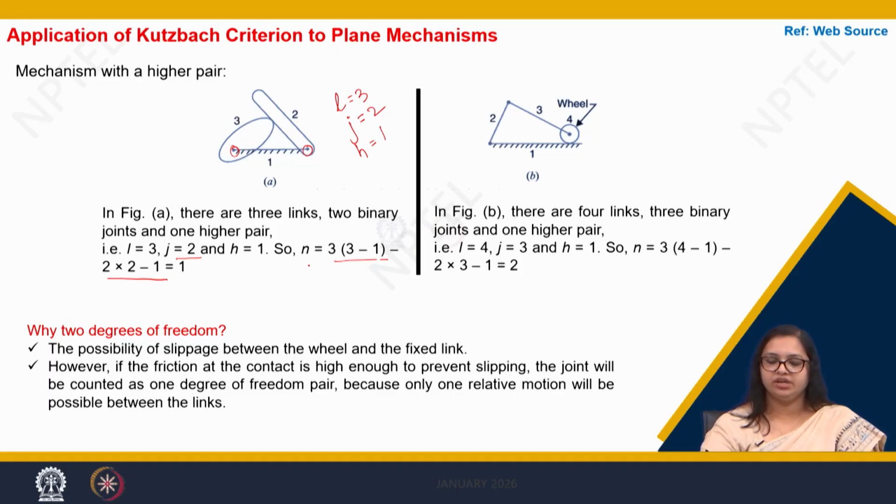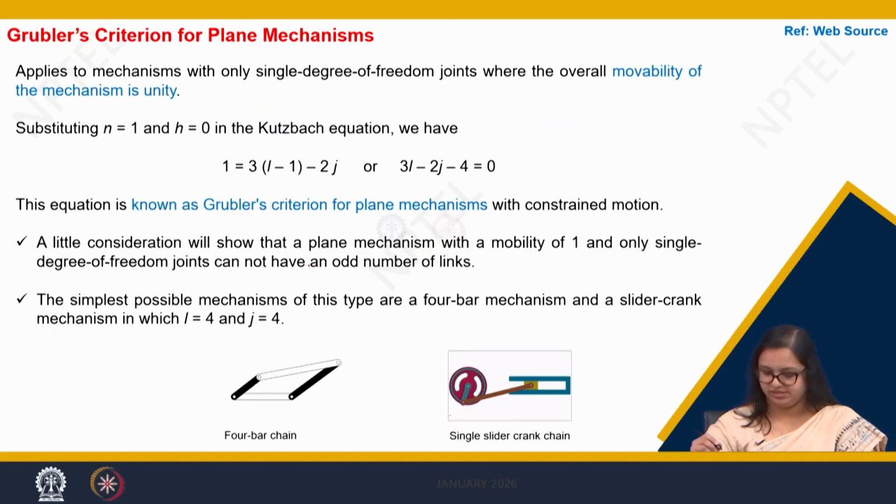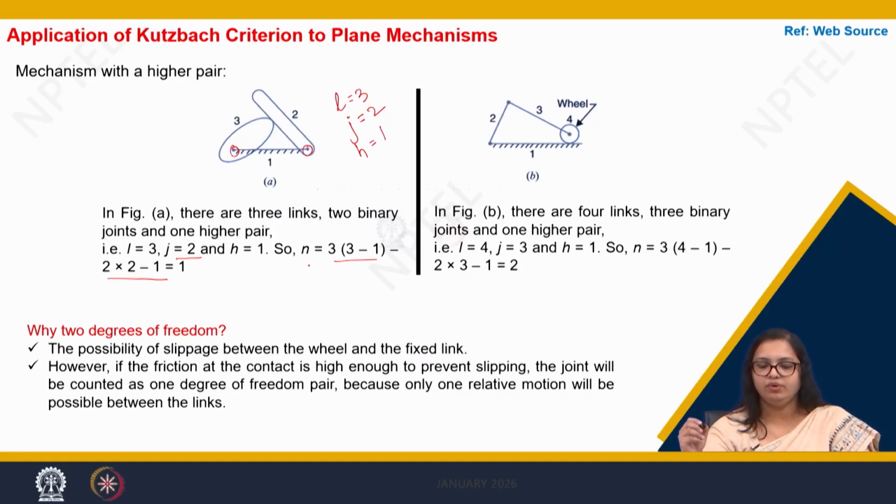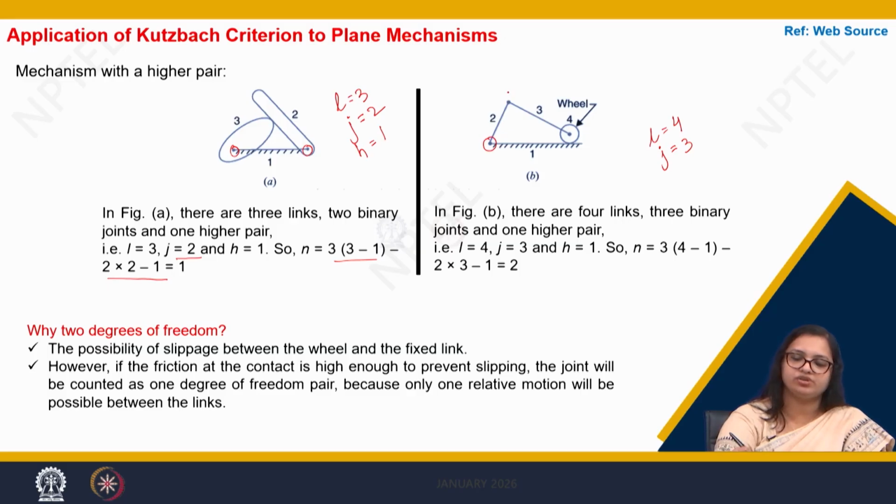However, when we talk about a 4-bar mechanism, here you can see that the number of links are 4 and the number of joints are 3. How 3? Here we have one joint, another joint, and this is the third joint where link 3 is joined to link 4. Here link 4 and link 1 do not have a binary joint. It is a higher pair.